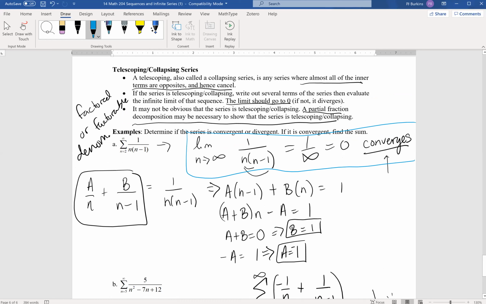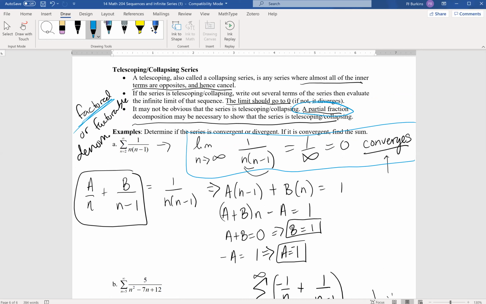So just to recap telescoping, if you see something that looks like partial fractions is a good idea, right? Because it is something that's factored or can be factored. Then you should test it by taking the limit as n approaches infinity.